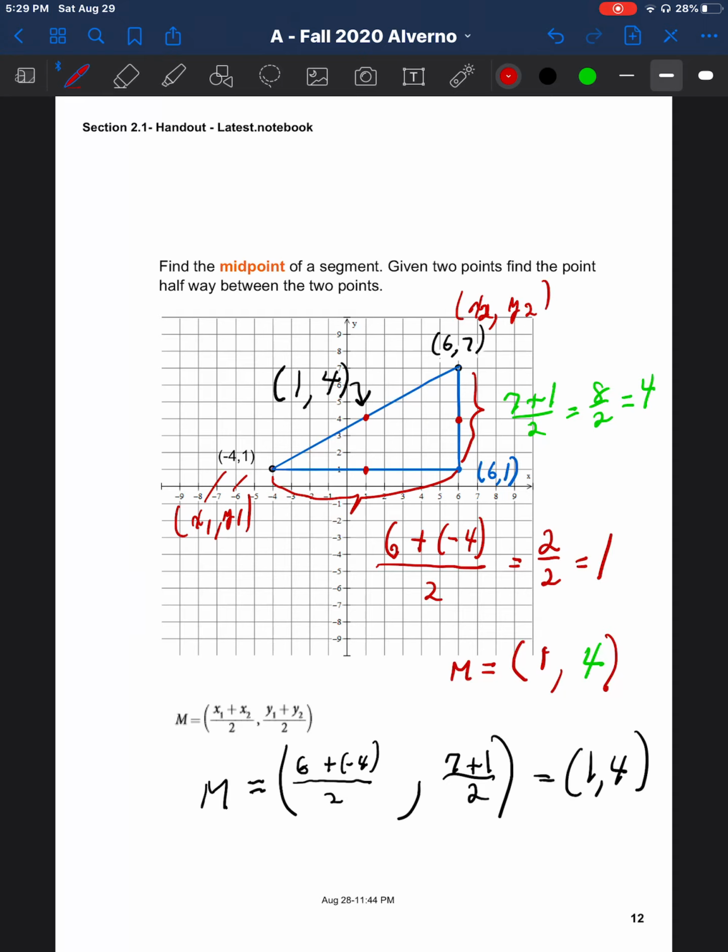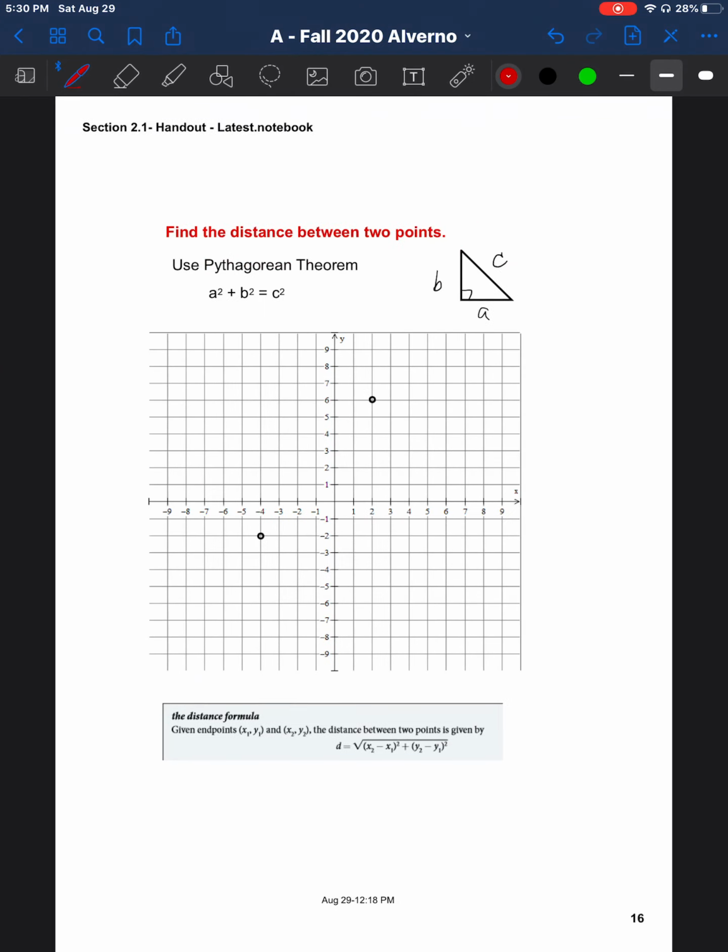So in the first one here, if we have x2 plus x1, that would be saying 6 plus a minus 4, and that is going to give us the value that we had right here. So this value here was the x2, plus this value here is going to be the x1. And then you divide those by 2. Okay, so that's basically how you do the midpoint.